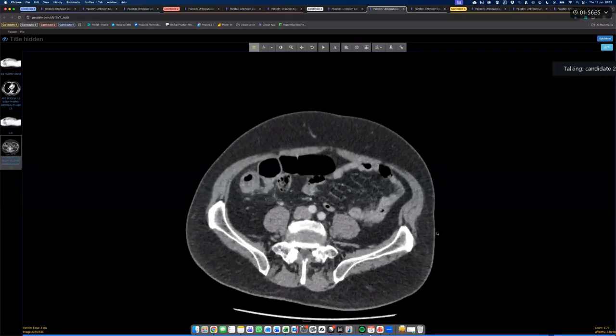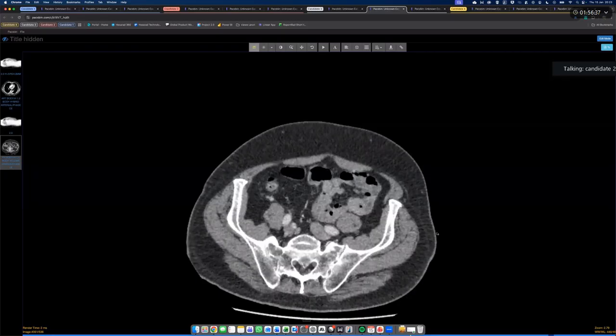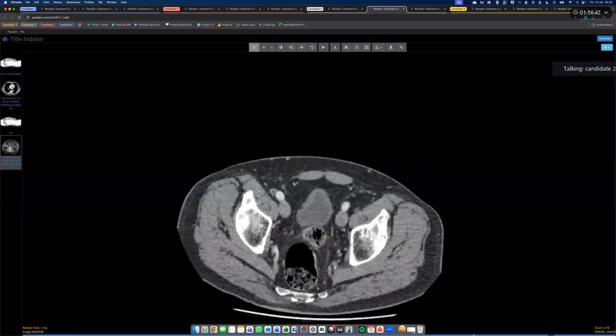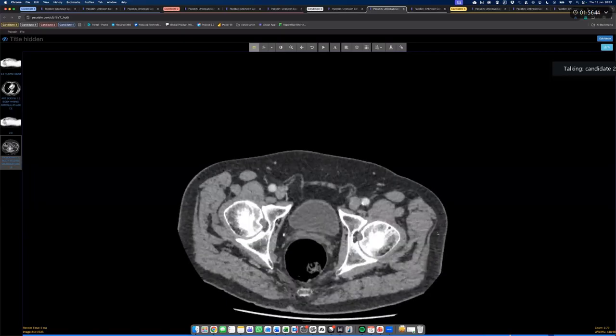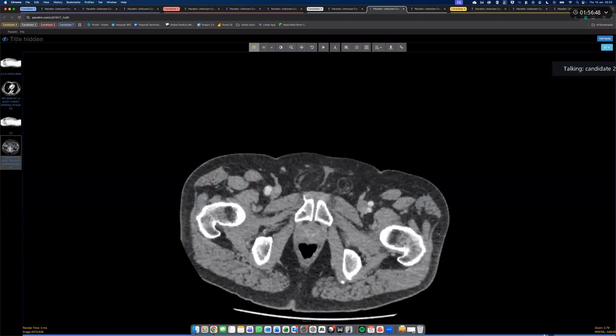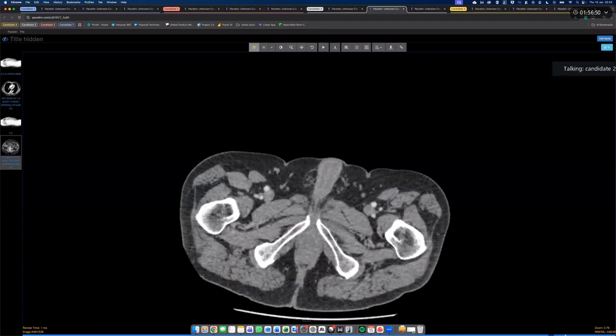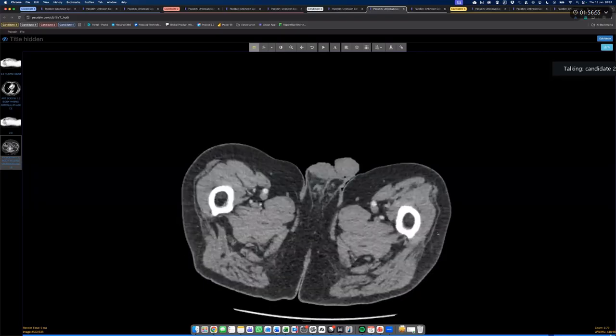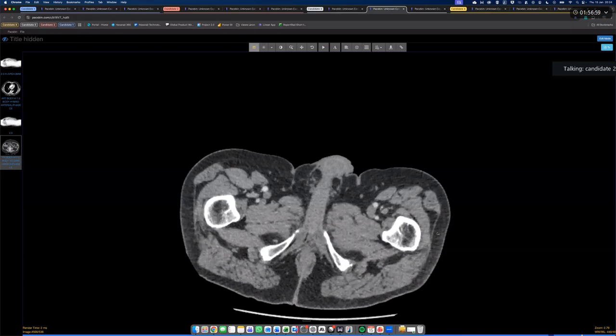Renal parenchymas grossly appear normal. Mild pelvic ascites is seen, but there is no gross ascites. I cannot appreciate any groin hernias and no visible scrotal masses in this male patient.